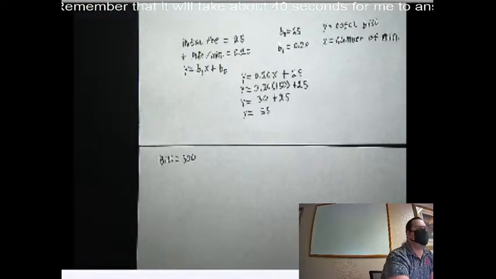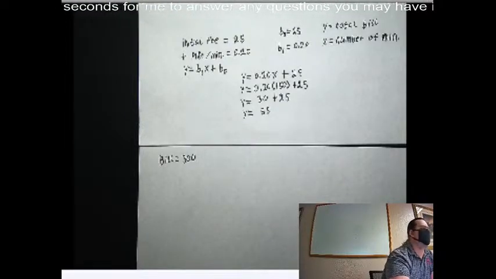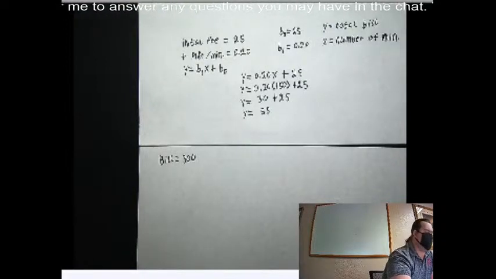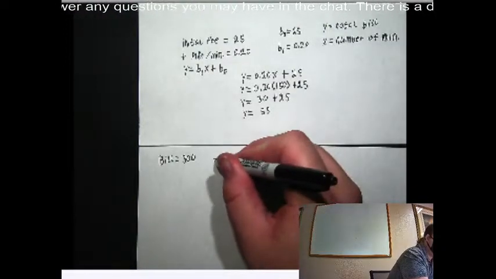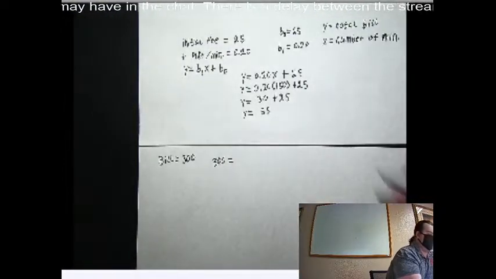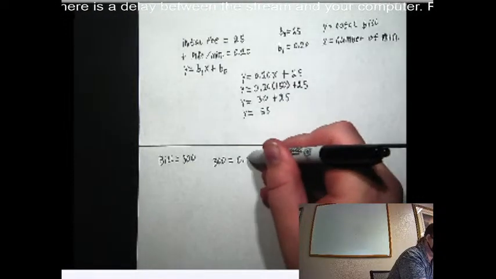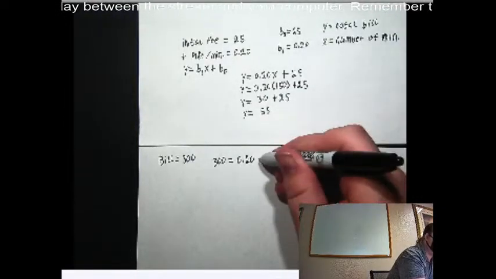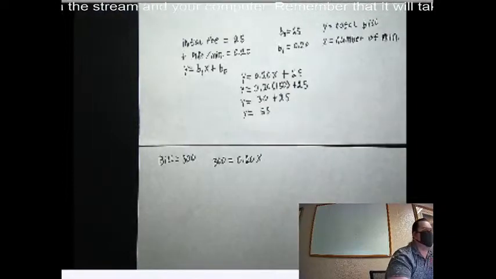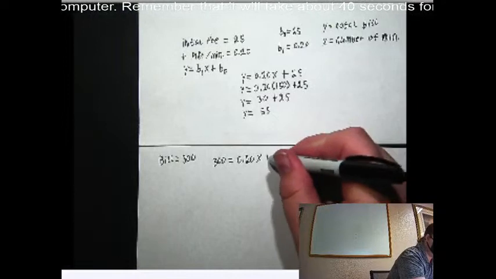So if our bill is $300, then what does that mean we're plugging $300 into? Which one of these things? Y, yeah. So we're going to plug in 300 for y. And then, of course, 0.2 is going to be the same no matter where we are. We don't have an x. We don't know how many minutes. That's what we're trying to figure out.